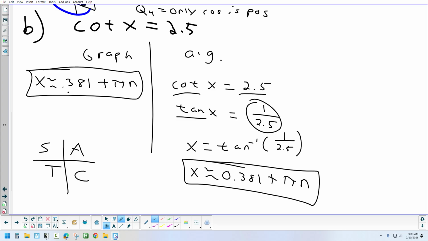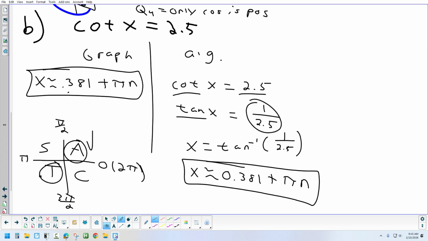Yeah, the first and the third. 0, pi over 2, pi, 3 pi over 2, and this would be 2 pi. 0.381. That's in quadrant 1. There is another answer in quadrant 3.